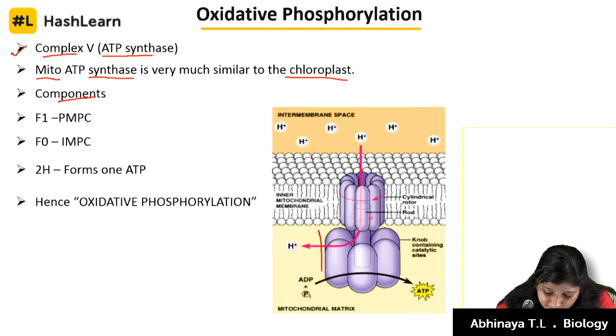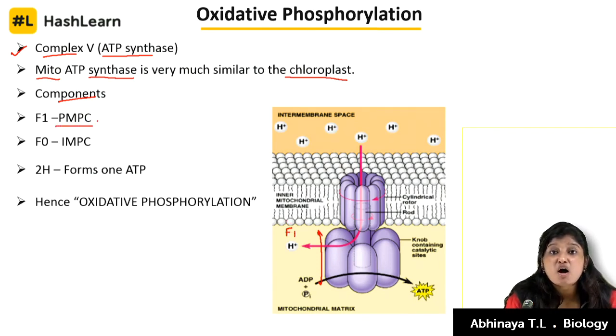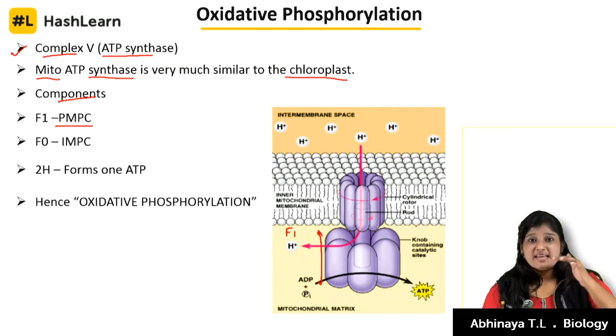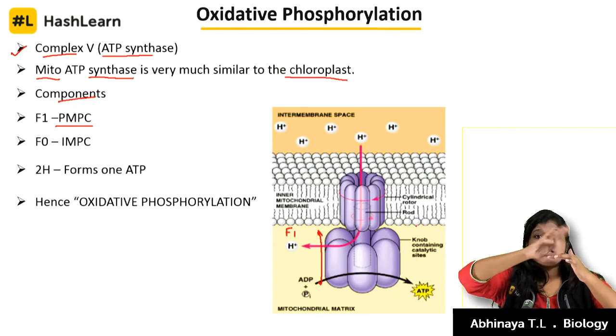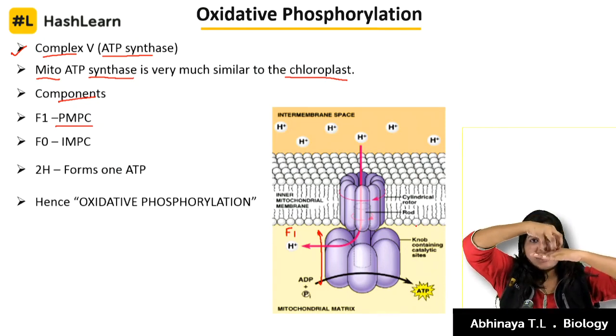So the head piece, you see this, the head piece is the F1 component, that's why it is called a peripheral membrane protein complex. Peripheral because periphery means something at the edge. So if this is the membrane, your head is going to sit like this.